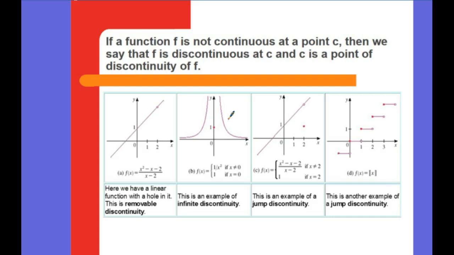Jump could be removable, so same function here, but now we created a piecewise to fill it in. Or the step function also jumps, because you fill it in, open, jump, fill it in, open, jump, fill it in, open, jump. Good?